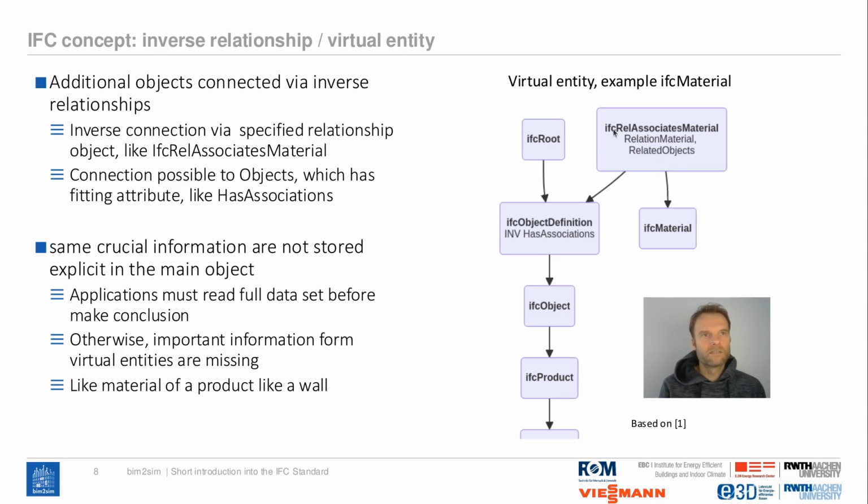Here in this case, it's called IfcRelAssociatesMaterial, and this connects the IfcMaterial with the object definitions, and therefore this middle object is connected to the attribute INV HasAssociations. So via this middle object, the IfcMaterial is connected to the attribute HasAssociations.